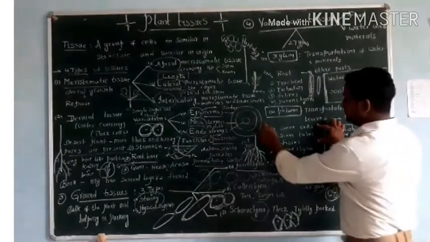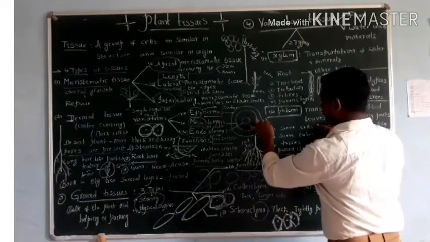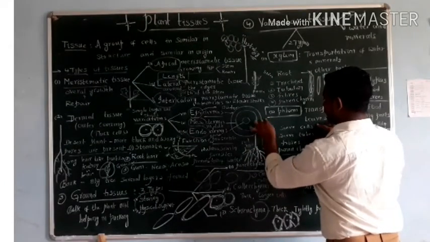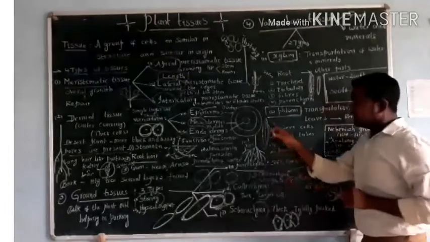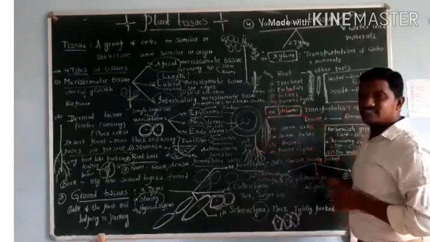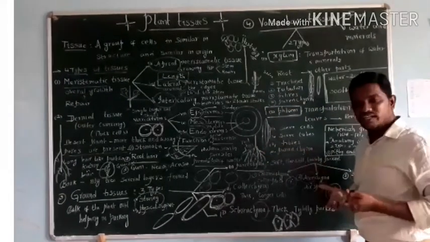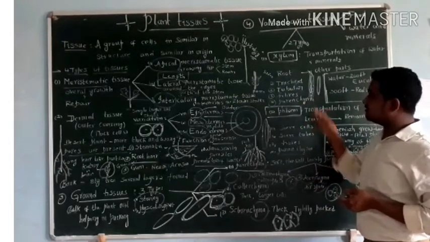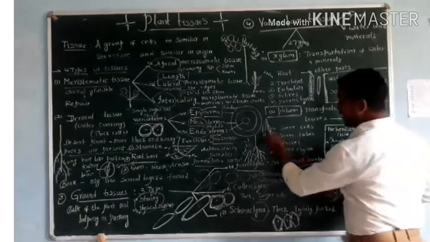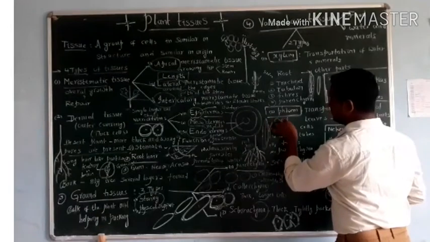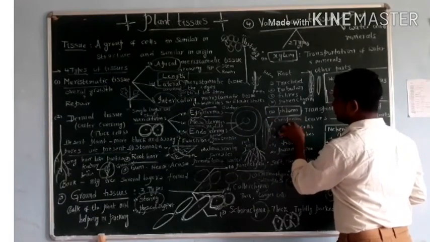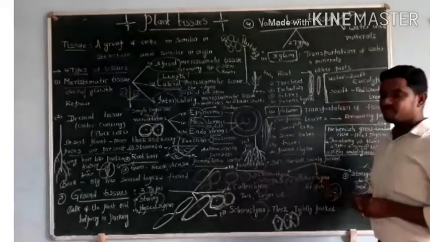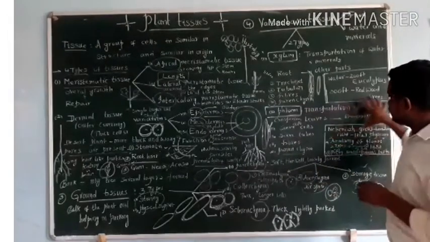Sieve cells are there, sieve tubes are there, fibers are also there, and parenchyma cells are there. Companion cells are also there. This is about phloem tissues.